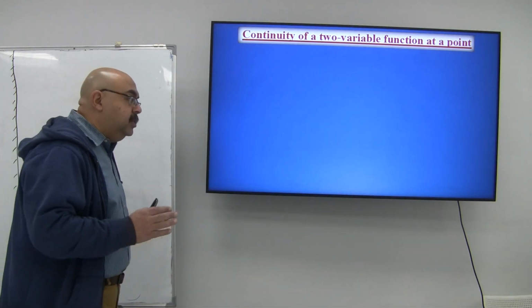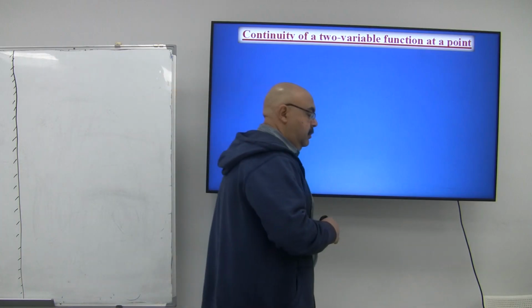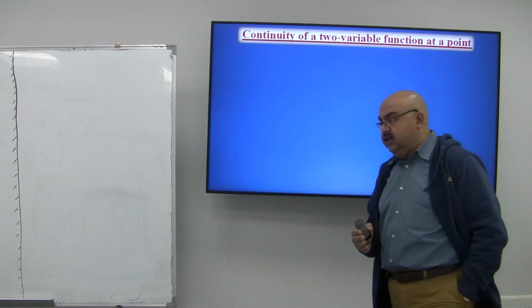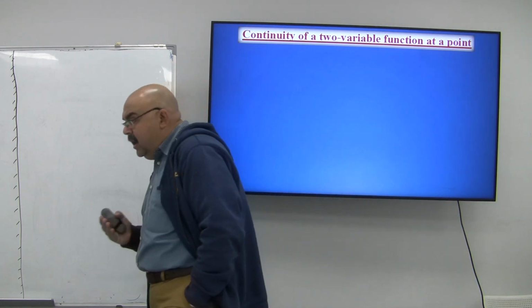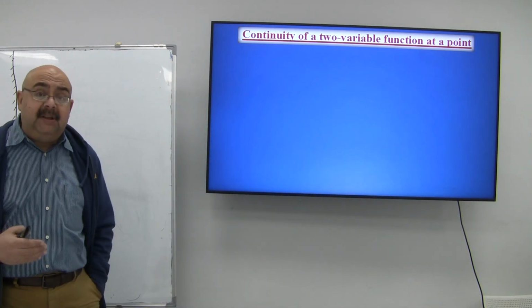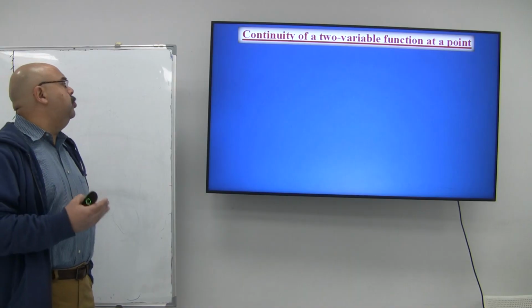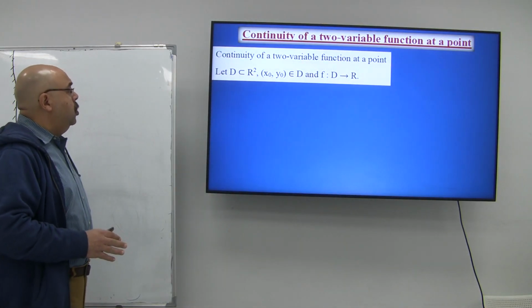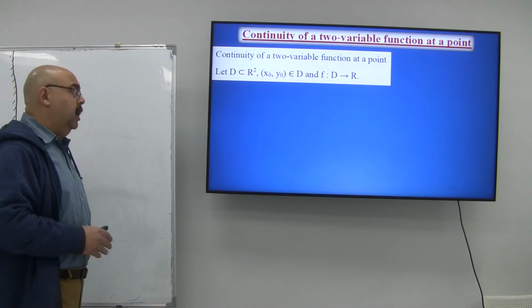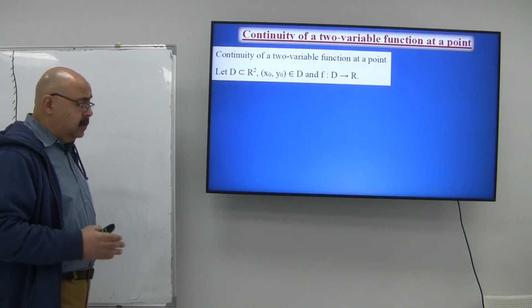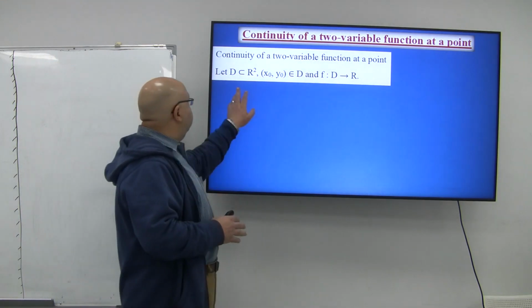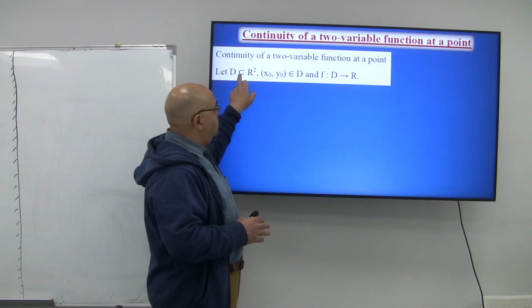For the continuity topic, which is part of the general discussion related to differentiability and its applications, we will go through continuity. For a function in two variables, continuity at a point: let D be a subset of R squared.